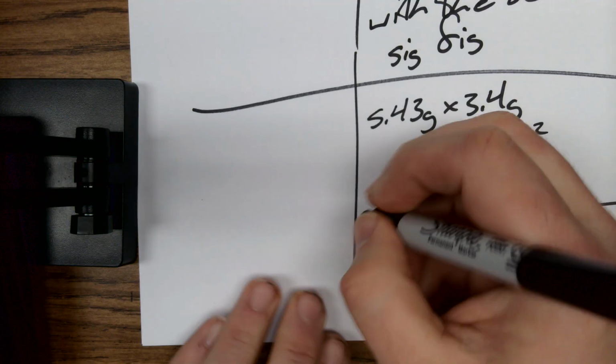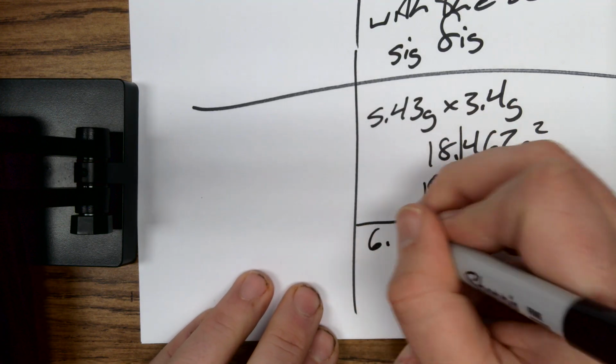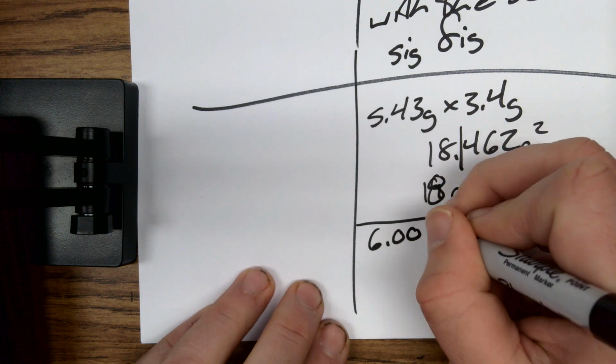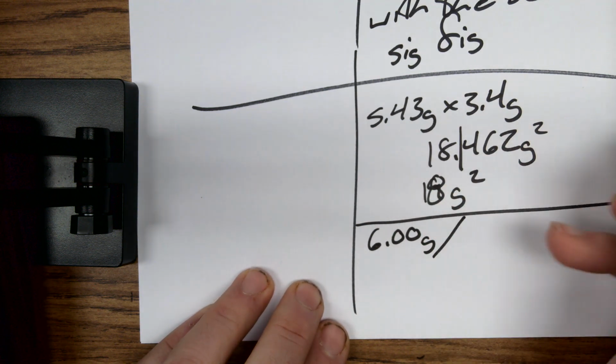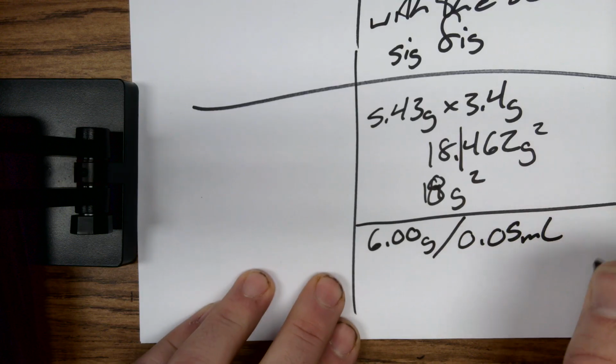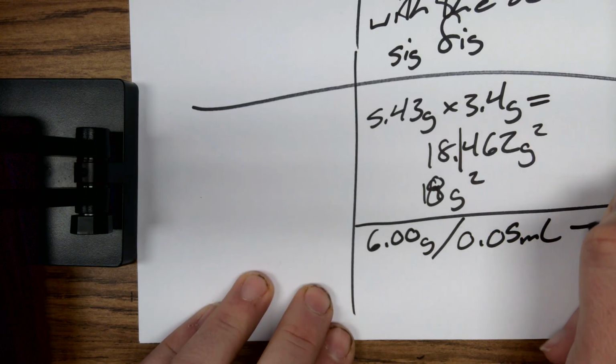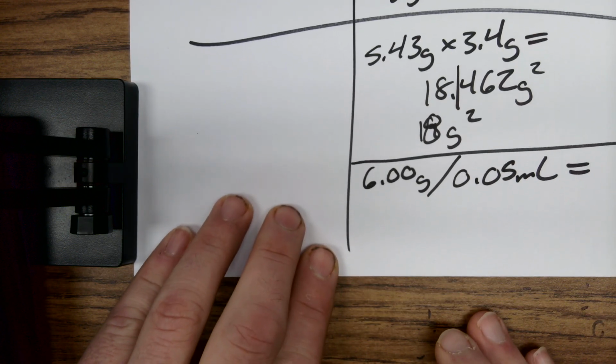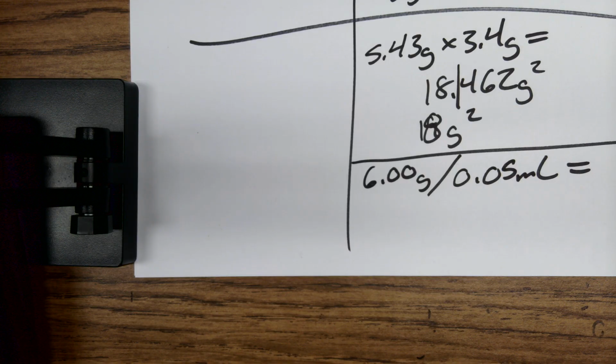Let's do a division one. 6.00 grams divided by 0.05 milliliters. Someone punch that in the calculator for me and tell me what you get. 120. What's my units?